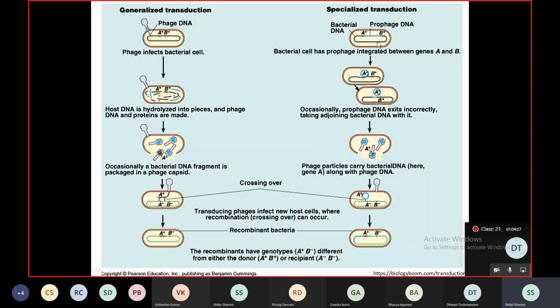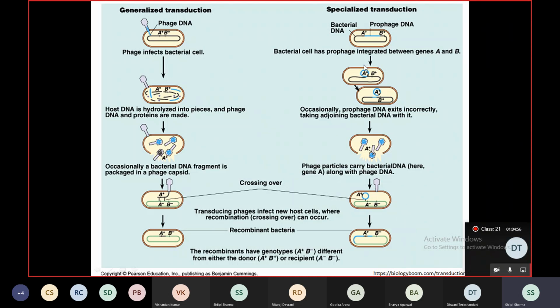It could be on either side, for example, the excision should be only at the ends of this blue segment, but it might excise somewhere on either of the sides, such that the bacterial genetic material is packaged into the viral head. And then when this infects a recipient cell, you can understand that the host markers can be transferred to the recipient cell.